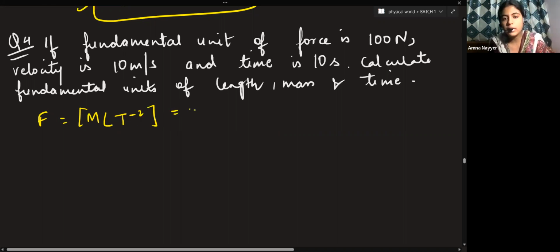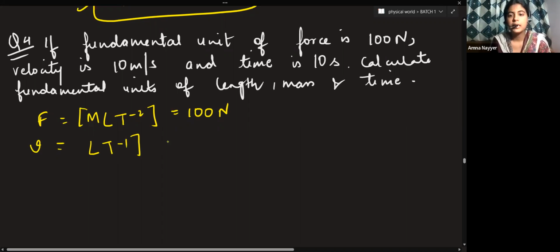This whole is equal to 100 newtons. Then velocity is distance divided by time, means LT to the power minus 1. This is equal to 10 meter per second. And then you have time. So time's dimension is T to the power 1 only, which is 10 seconds.